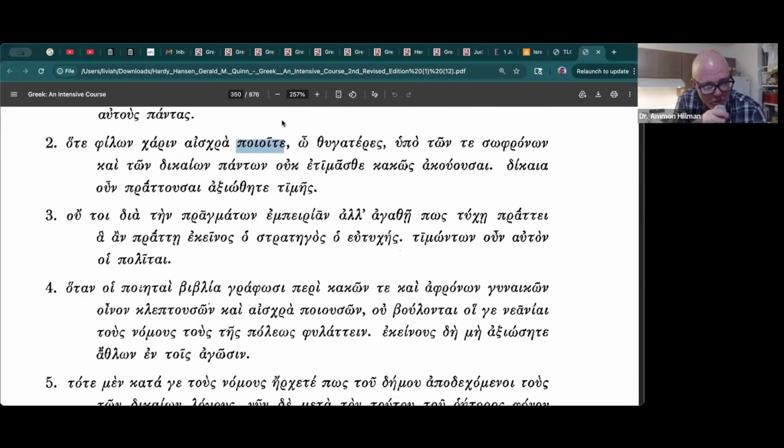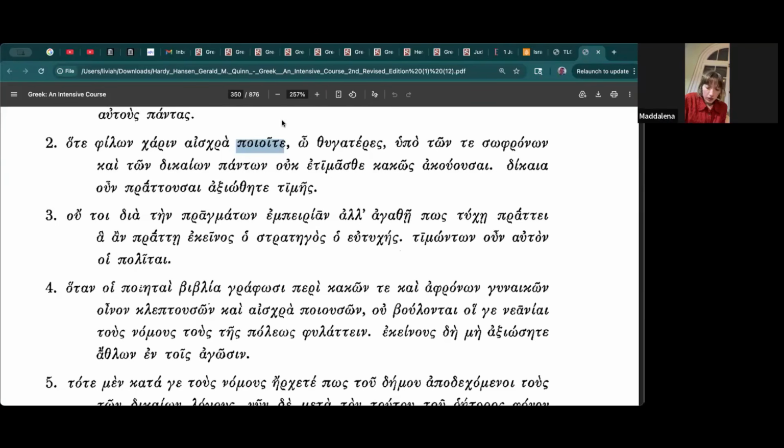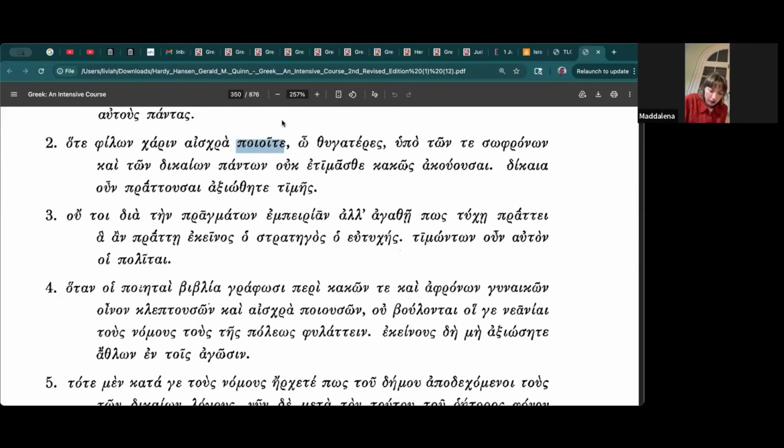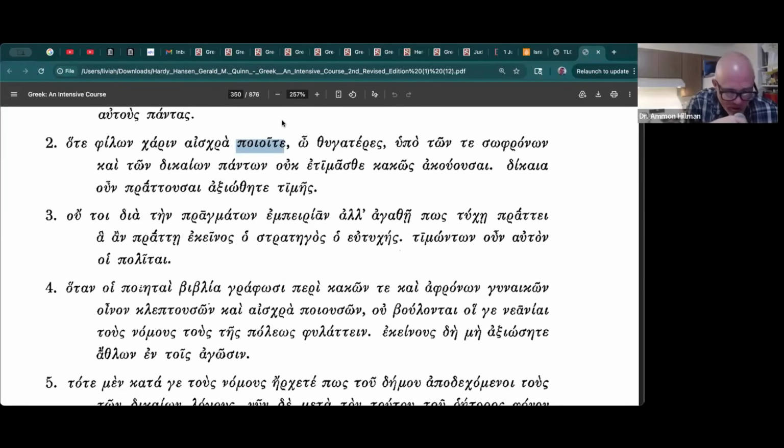Now, just fill in the blanks. Hupo ton sophronon, by the wise, right? Kai ton dikaion, and of the just, and panton, all. Well, they heard evil, right? Good.